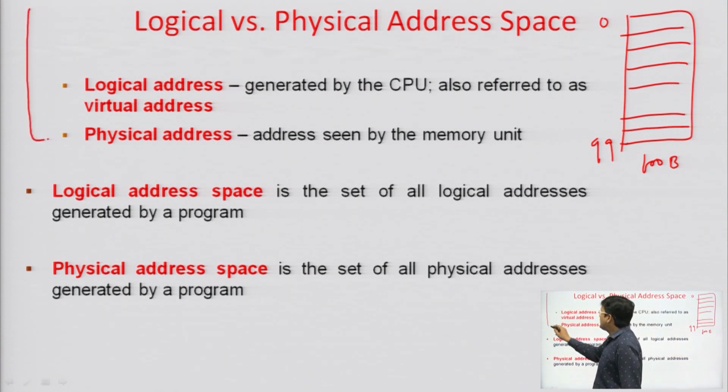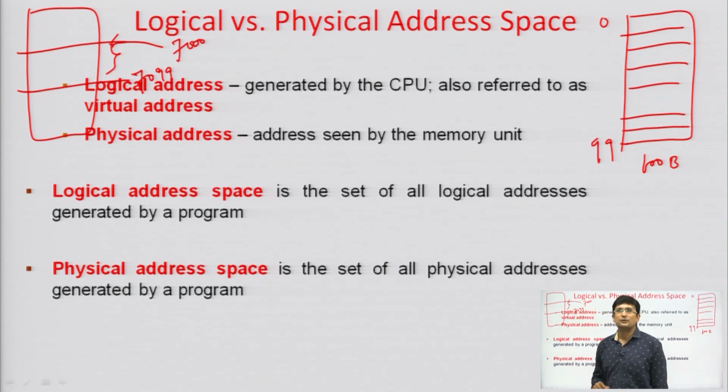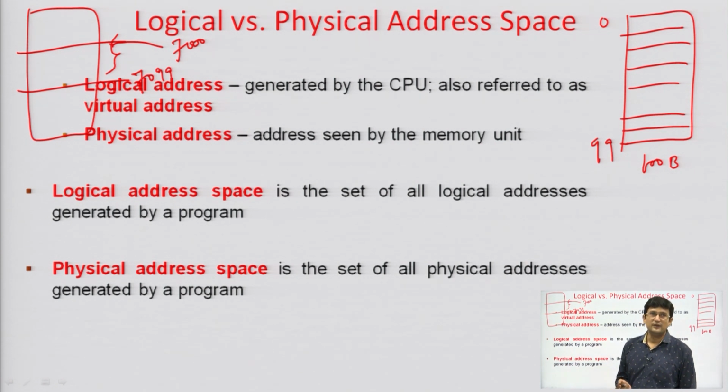When we are going to accommodate this process in the main memory, it will go in any region which is free. So, let us say the starting address where it is going is 7000. So, obviously, the last address will be 7099. So, any address from 7000 to 7099 is referred to as the physical address.